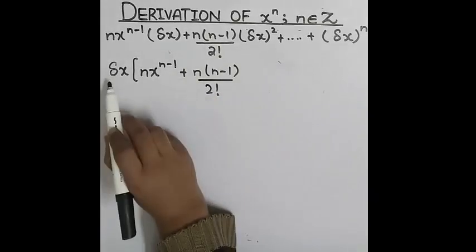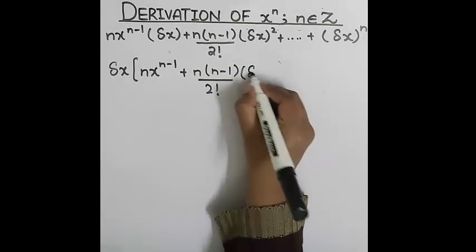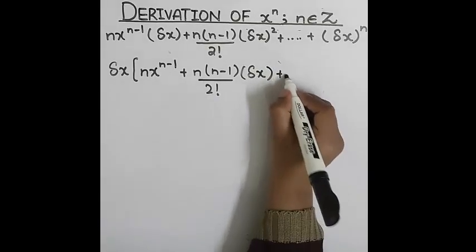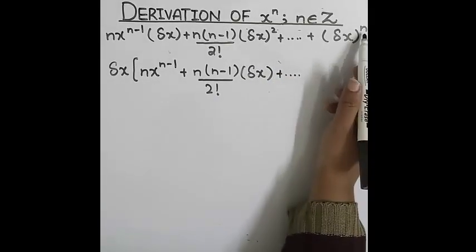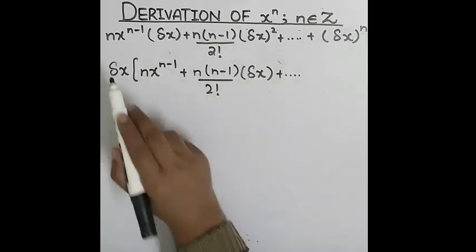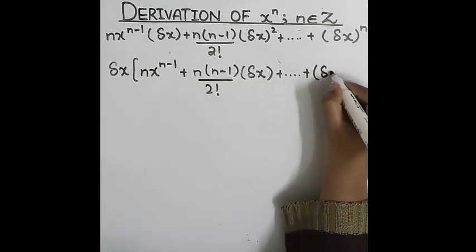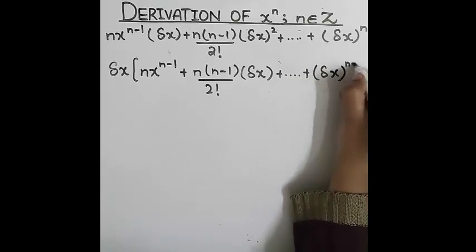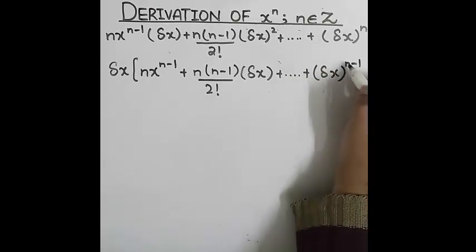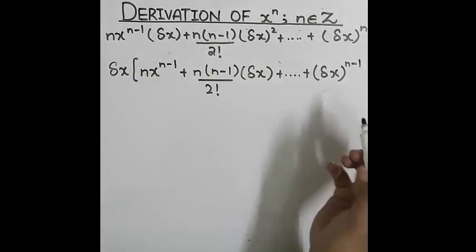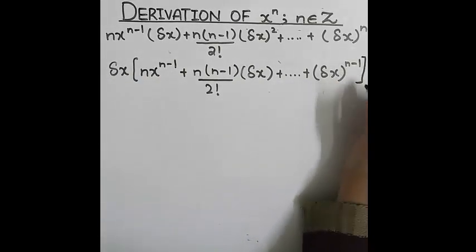Delta x is taken common, so we are left with delta x power 1, plus delta x raised to power n minus 1, because out of these n factors of delta x, 1 is taken common.